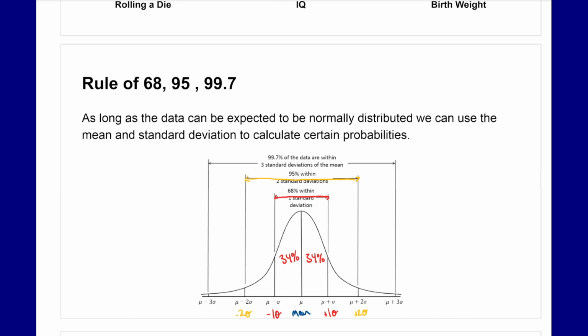The 68 is already within the first standard deviation. Then when we increase further, we get 95. So there's 13.5 between 1 and 2, and 13.5 between minus 1 and minus 2.